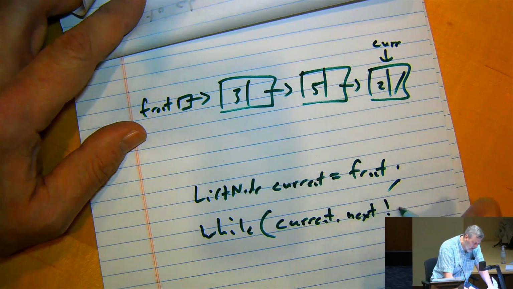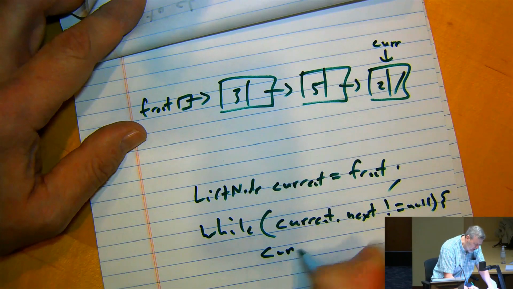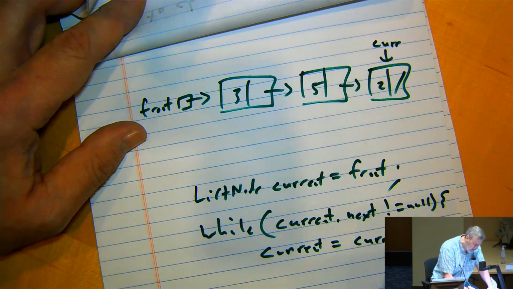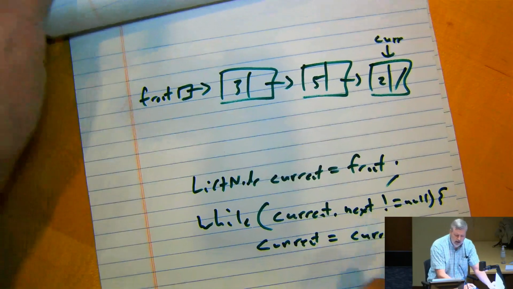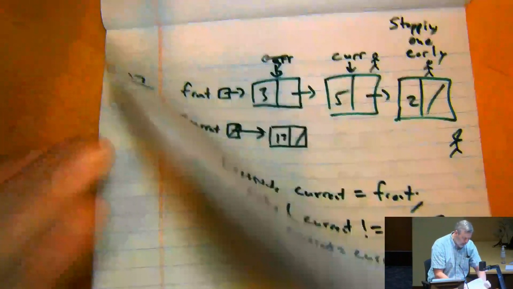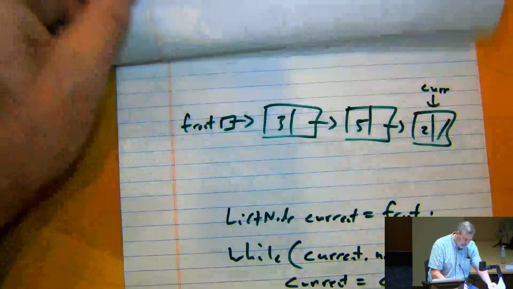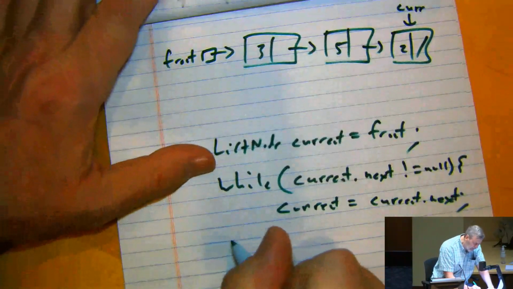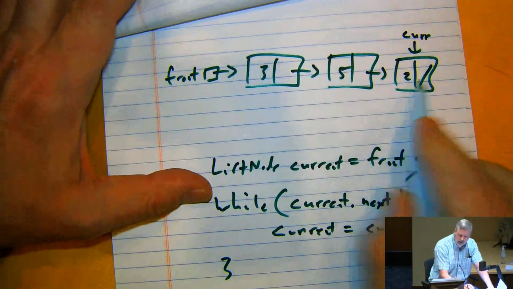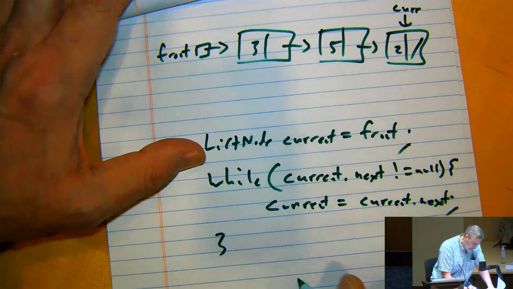So I'm going to say while current.next is not null, current gets current.next. Current is assigned to current.next. So a different test. This is the stopping one early test versus the test where we were just doing current.